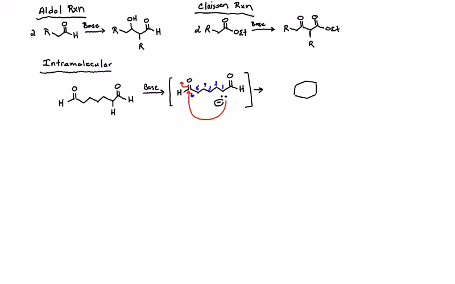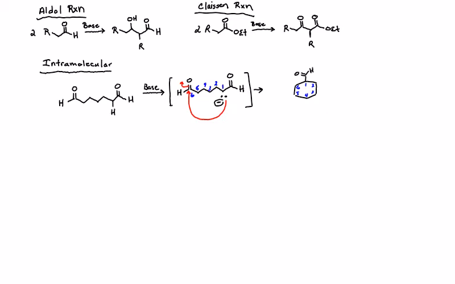And I'm going to just arbitrarily number these 1, 2, 3, 4, 5, and 6. That's going to make our lives a lot easier when we're trying to track where everything is. Okay, so we know that the aldehyde has to be coming off of carbon 1. So there's our aldehyde.